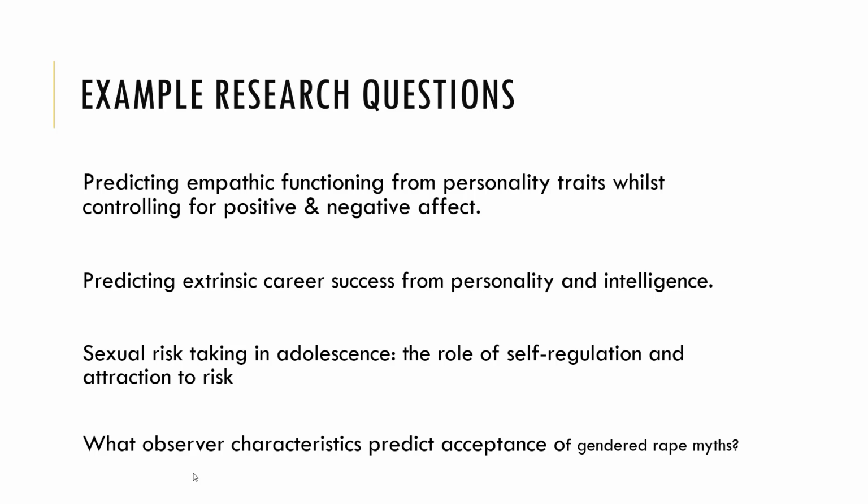There are issues with that if it's different people taking part each time, but it is potentially possible. There's also research that's looked at sexual risk-taking in adolescence and how self-regulation and attraction to risk can predict that. And then finally, what observer characteristics predict acceptance of gendered rape myths? That was something I was particularly interested in in my PhD research.